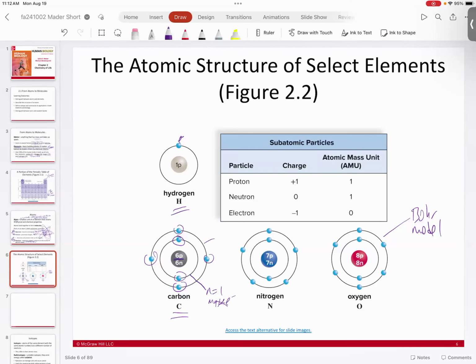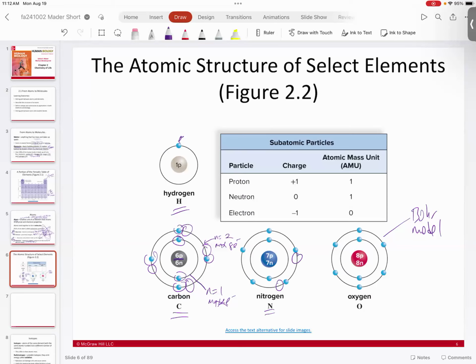From there on out, each shell, like for instance this one right here, n equals 2, has a max of 8 electrons that it can carry. So with carbon, that basically means you only have 4 electrons in that n equals 2 shell, so you have 4 different holes or seats, if you will, that are empty that you can fill with electrons. Nitrogen, which has 7 protons and 7 electrons, will have 5 electrons in its outermost shell, so it has room for 3 more.